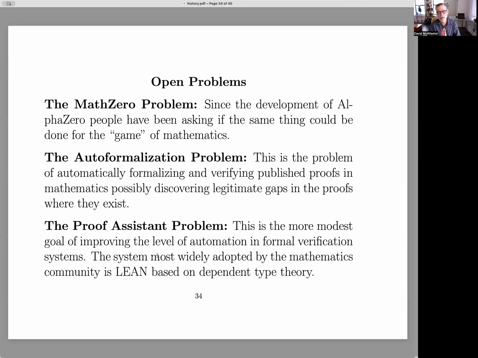Anyway, I just want to talk about some open problems, some things that cannot be done. There's the math zero problem. The question here is, can you do for mathematics what AlphaGo and AlphaZero did for chess and Go? Could you, in principle, build a system that just by exploring mathematics on its own, just by self-play, could learn to do mathematics at a superhuman level?